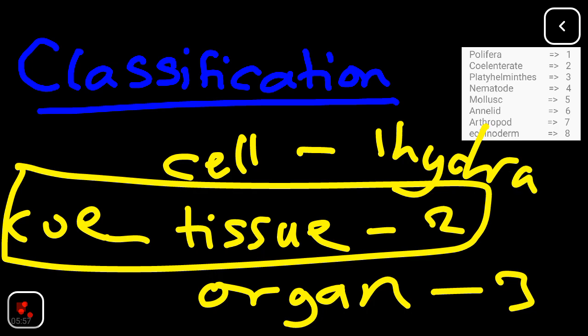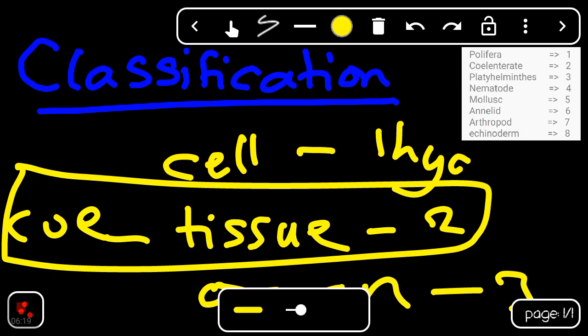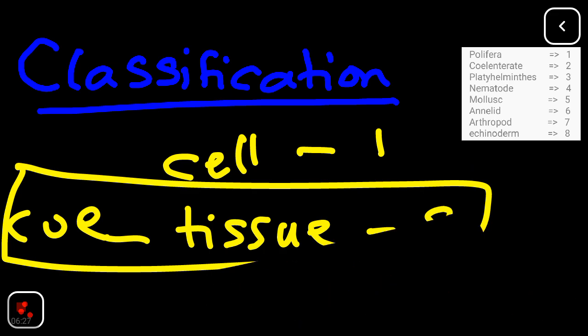They will ask which level of organization Hydra is. Hydra actually falls under tissue. You can see Hydra is under Coelenterate, and Coelenterate is number 2. So in this level of organization, cell is number 1, tissue is number 2, so tissue and Coelenterate are number 2. That's how you can use it to grab all of this. Nothing hard about it. So let's go to the next thing without wasting time.